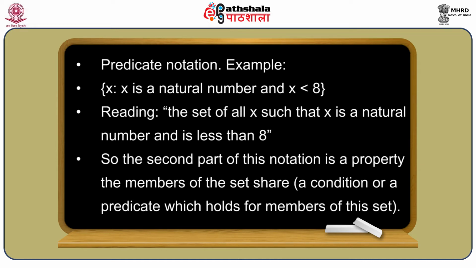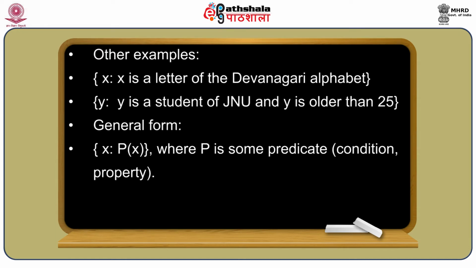This is a condition or a predicate which holds for the members of the set. Other examples: the set of x's such that x is a letter of the Devanagari alphabet. The set of y's such that y is a student of JNU and y is older than 25. The general form of the predicate or abstraction notation is the set of x's such that P(x), where P is some predicate which is a condition or a property.